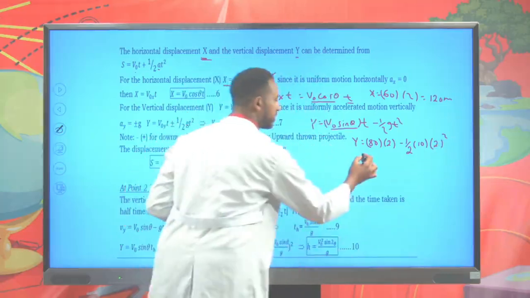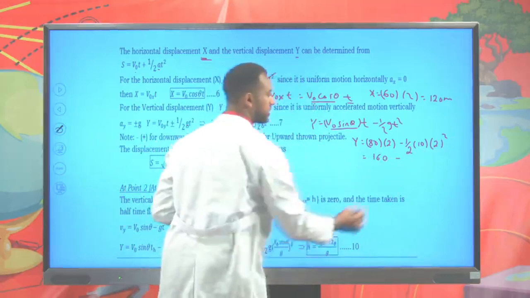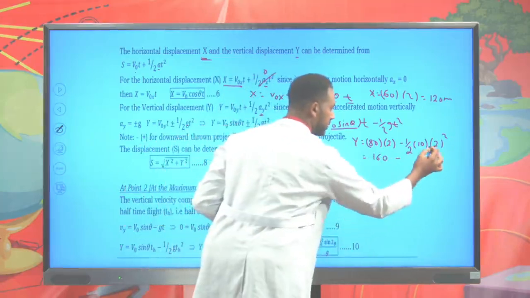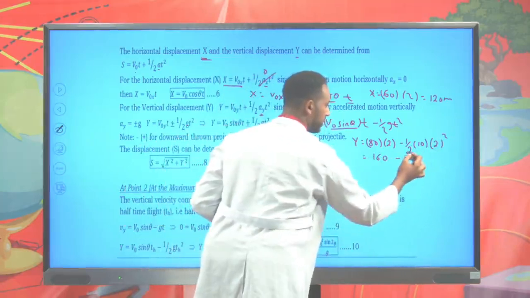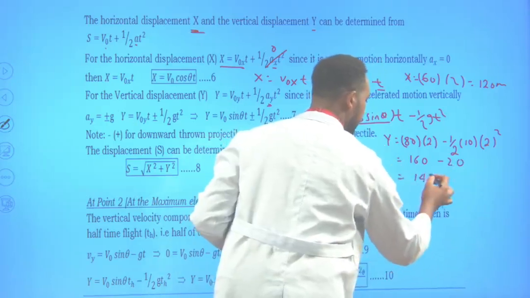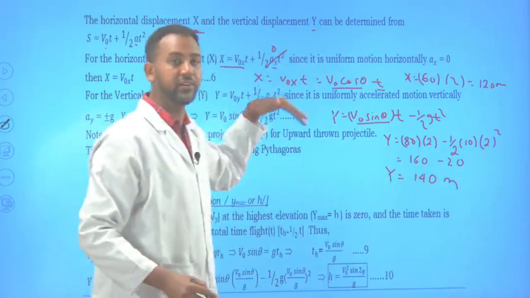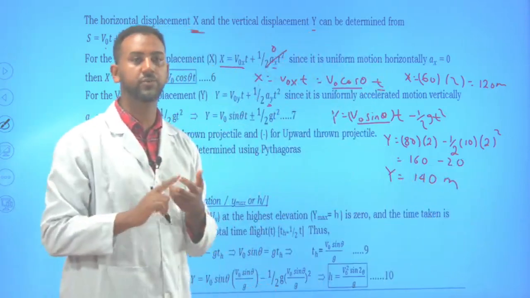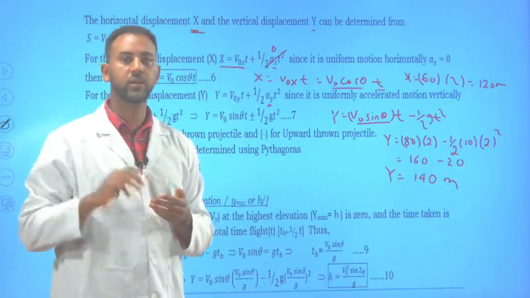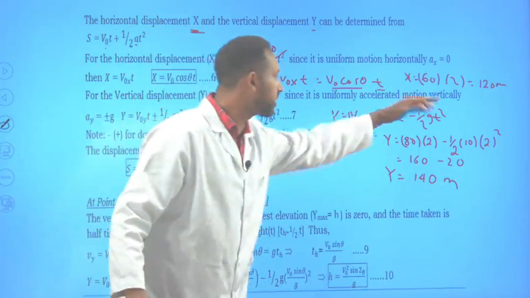This gives us 160, and the second term, you can cancel 2 squared, 4, and here 20. Therefore, when you subtract these two, this gives us 140 meters. The vertical elevation of the projectile becomes 140 meters, and the horizontal component is 120 meters.